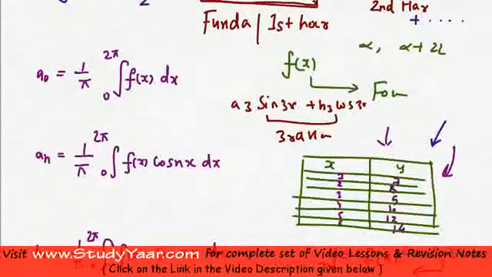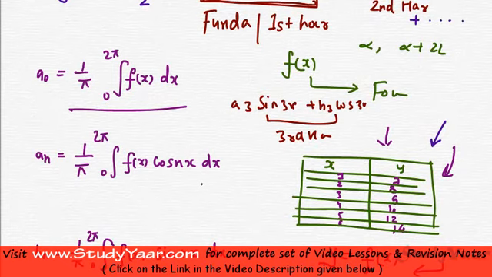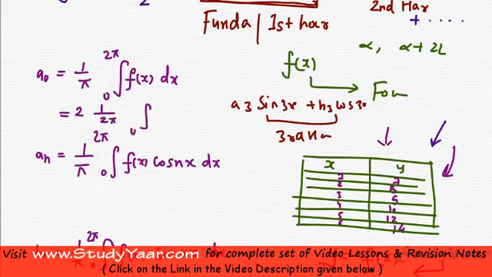Just look at this expression. I have 1 upon pi integration 0 to 2 pi f(x) dx. I can write this as 2 into 1 upon 2 pi integration 0 to 2 pi f(x) dx.